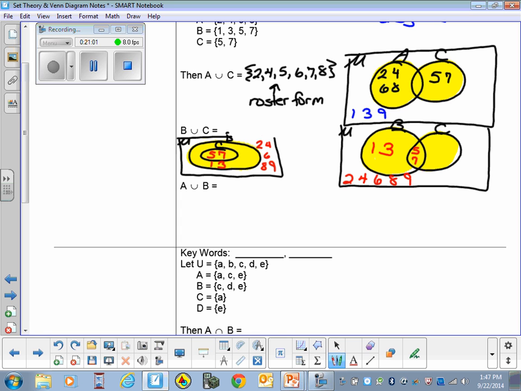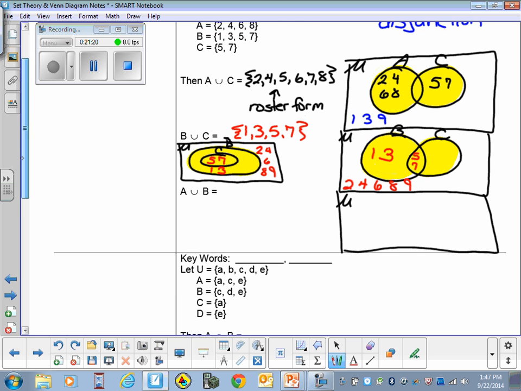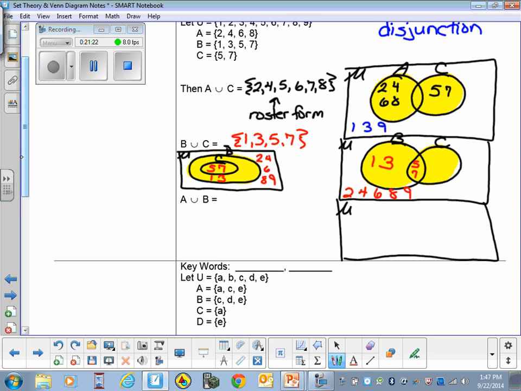So looking at my intersection. Okay, A union B. Do I have any elements in common between A and B?